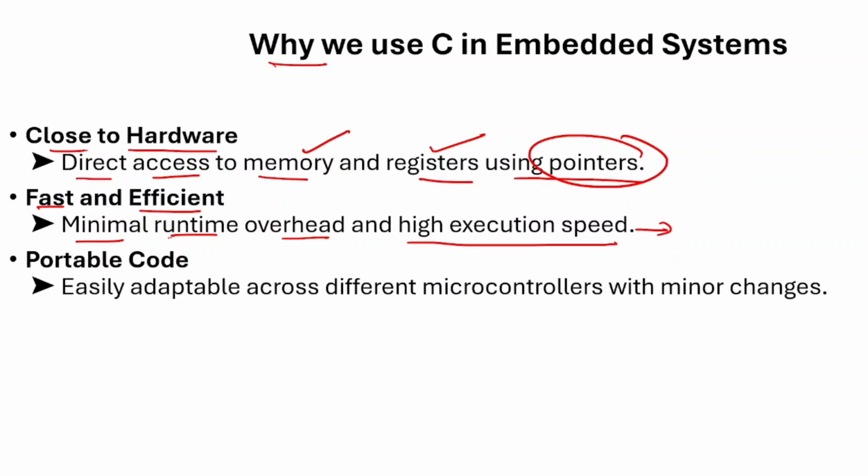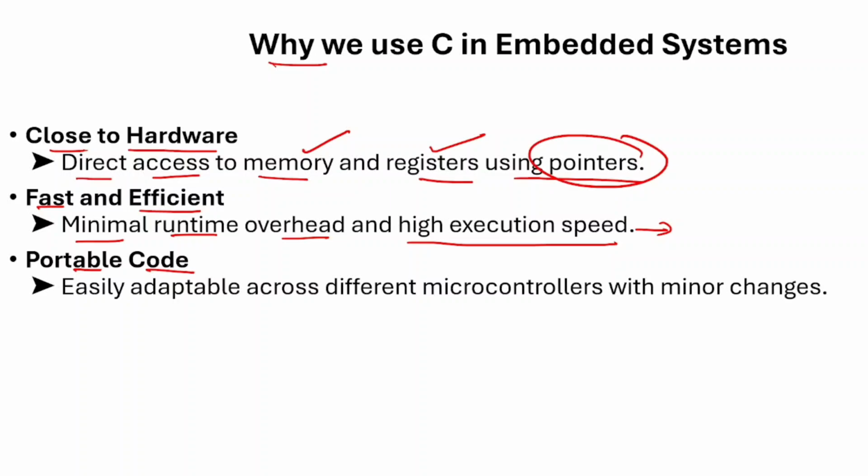The next one is portable code. You know the meaning of portable code? Portability means your code should work on different platforms also. Here remember, C is portable, because if I write one code on my HP laptop with Intel i5 and share the same code with you, even if your laptop has a different configuration, you can run that code, right?